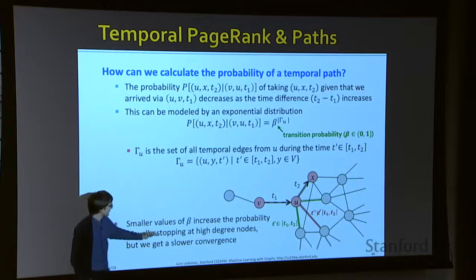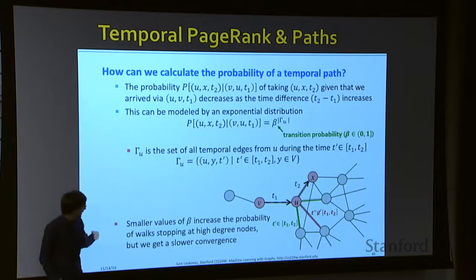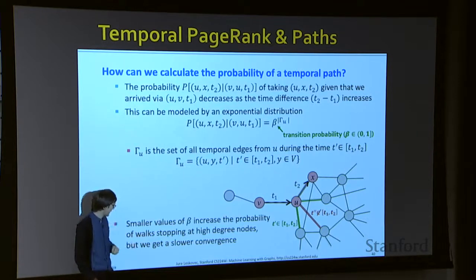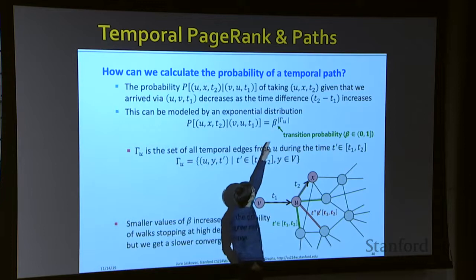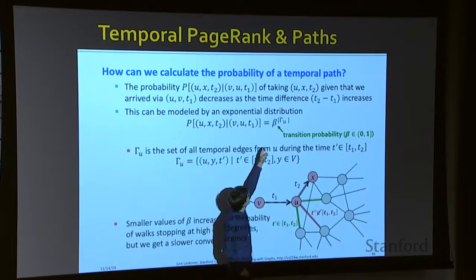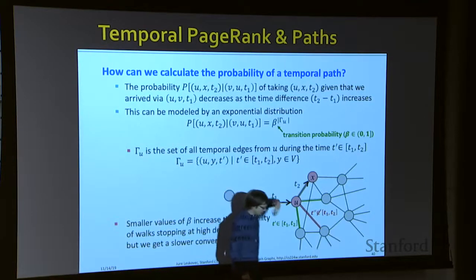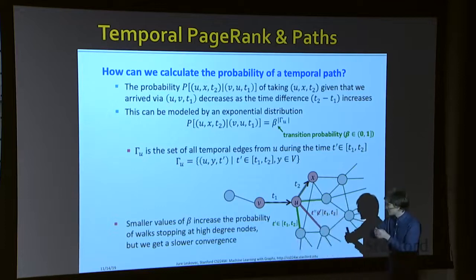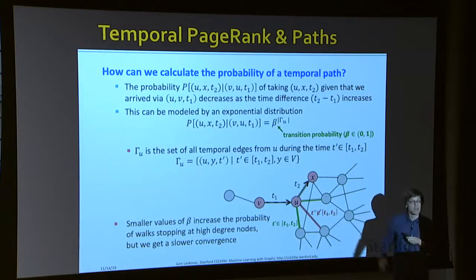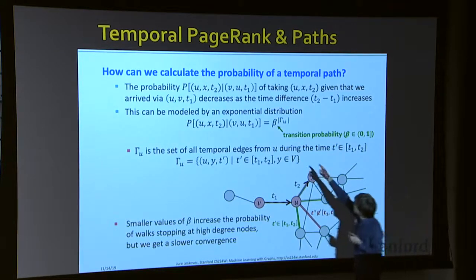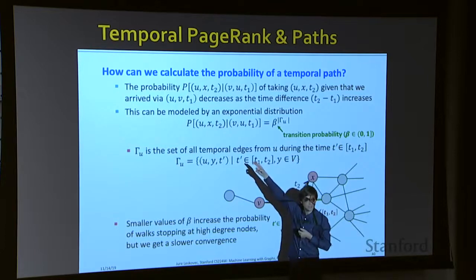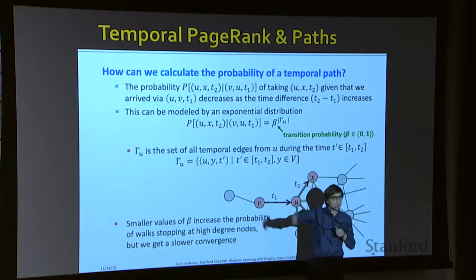So this is how we can think about these transitions, right? And the idea is that smaller values of beta increase the probability of the walk stopping at high degree nodes, because the smaller the beta is, the faster the decay will be. So the less likely we are to wait very long.